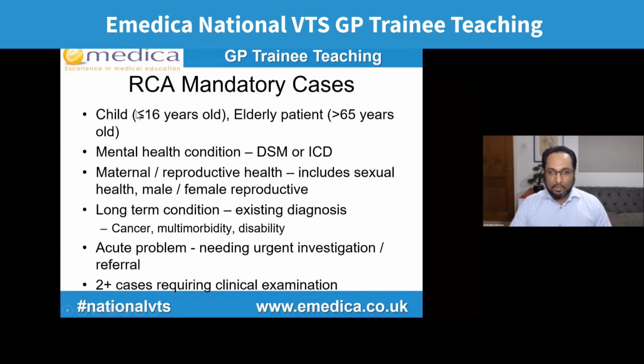See, that ticks the box of child 16 or under, ticks the box of acute problem because he's going to need an admission, and it ticks the box of requiring clinical examination because you're definitely going to need to examine that. You've ticked 3 things with that one case. Okay, you still need to submit 12 more cases, but you don't then need to find another case as an acute problem because you've got an acute problem. Okay, so that's the main thing I want to update you about in terms of RCA.